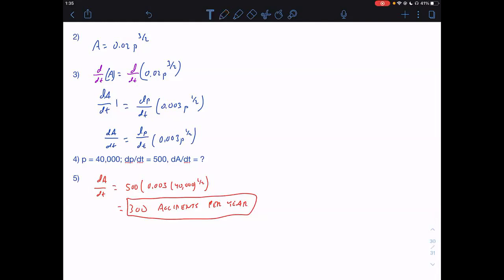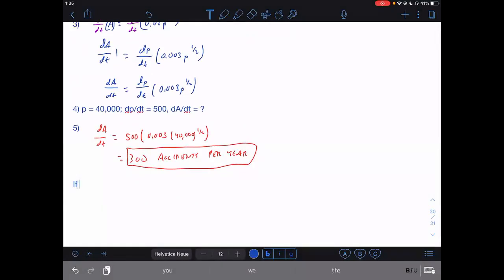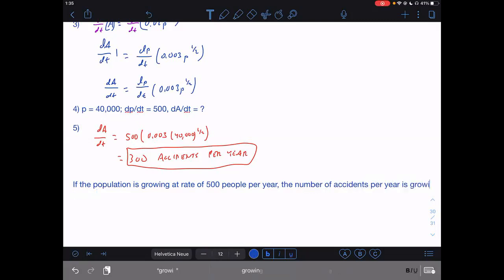Again, to summarize what this is telling me: if the population is growing at a rate of 500 people per year, then the number of accidents per year will be increasing by 300 accidents per year, when the population is 40,000.